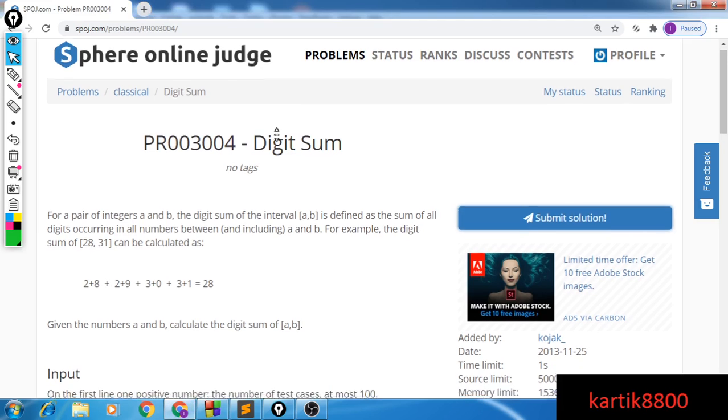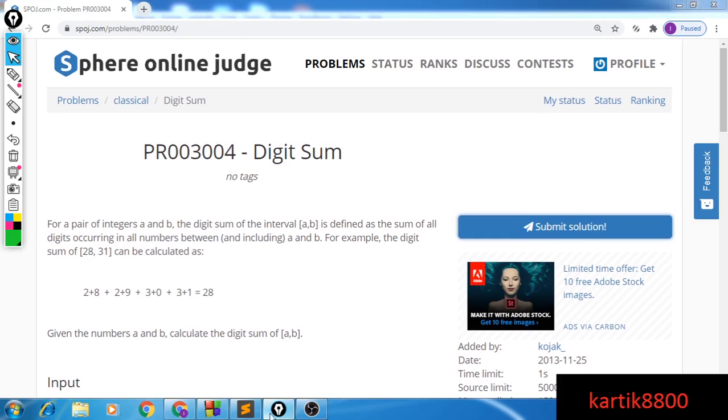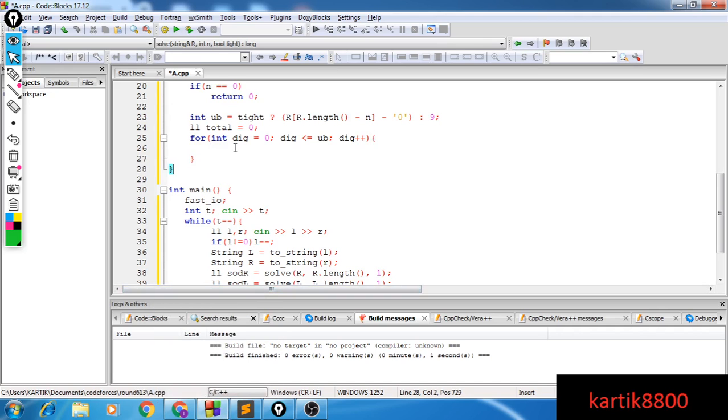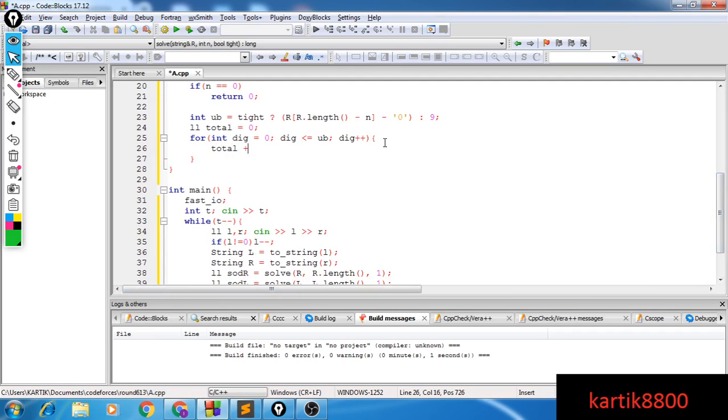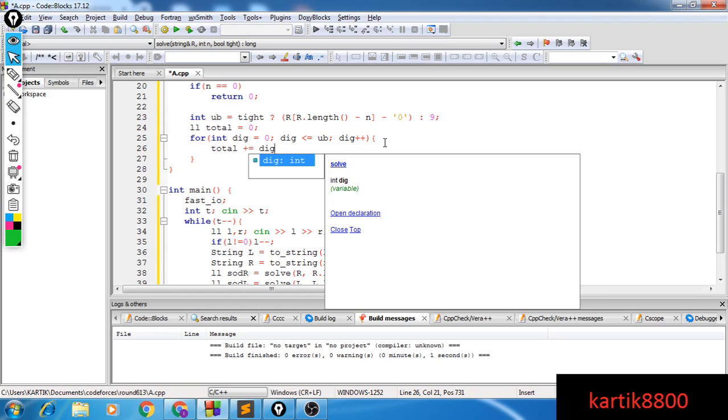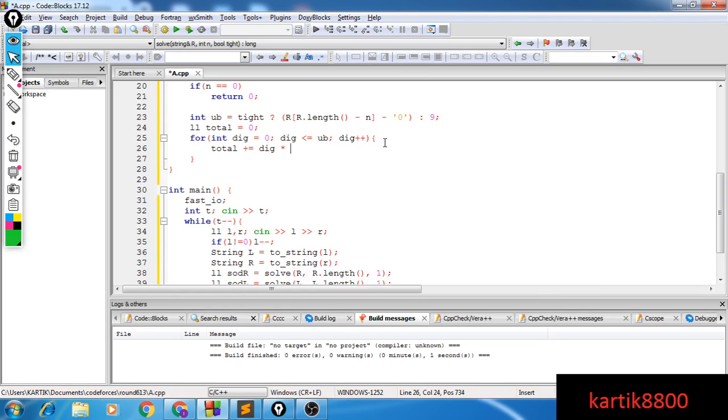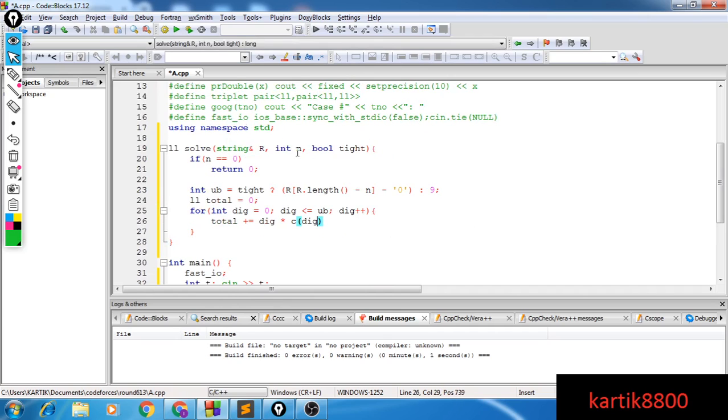So if I put a particular digit at this position, as we discussed, to the total we get a contribution of total plus equal to dig into how many numbers start with this particular digit, right? C of dig. And we also talked about having exactly n minus 1 digits. So let me also pass in how many numbers are there that start with this particular digit dig and have n minus 1 digits.